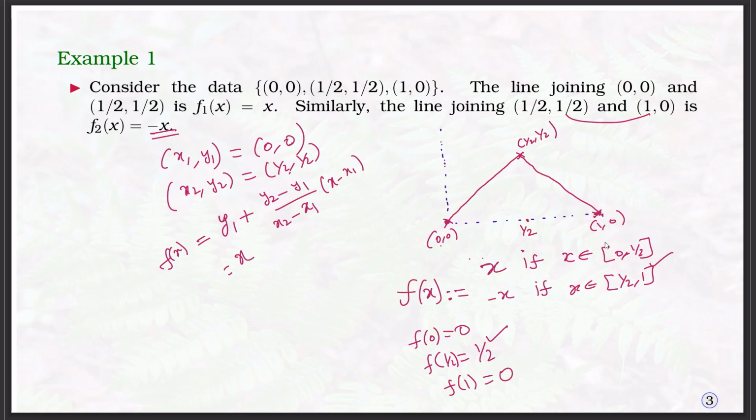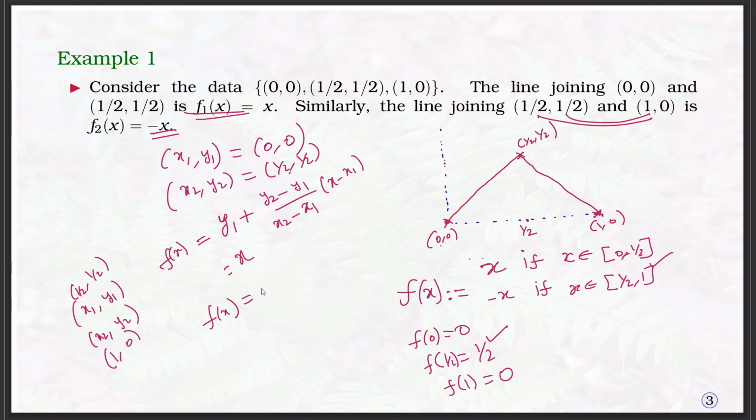For finding the formula on this interval, one can apply f of x equal to, here take x 1 and y 1, x 2 and y 2. So, now x 1 value is 1 by 2 and 1 by 2, and x 2 is 1 comma 0.